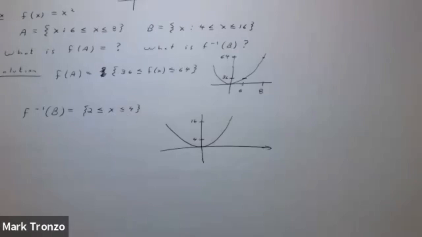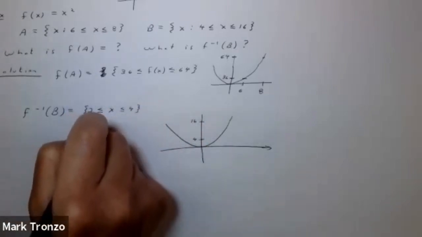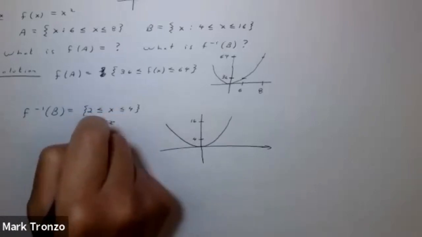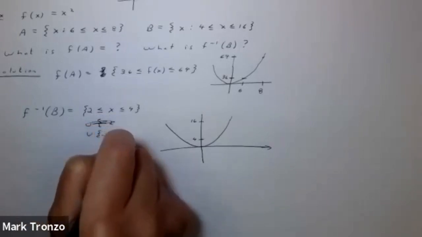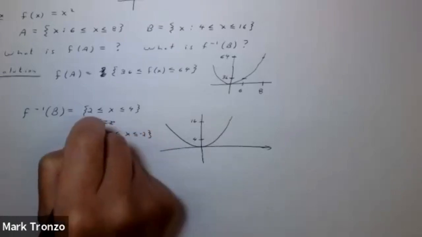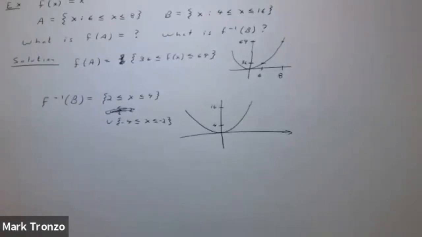Oh, it could be negative 2. Yep, I didn't think about that. Actually, I should write it the other way, so it'd be -4. I'm getting kind of sloppy in the notation here, but you get what I'm saying. So the union of 2 to 4 and -4 to -2.